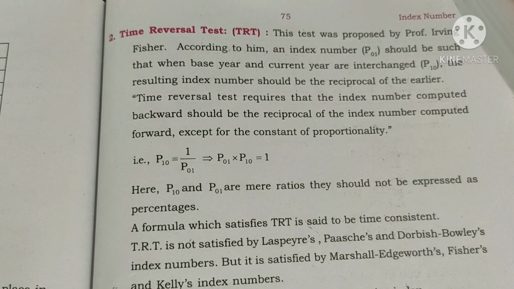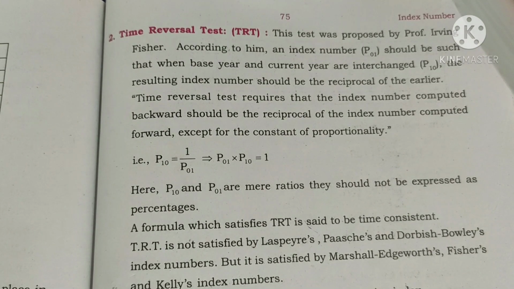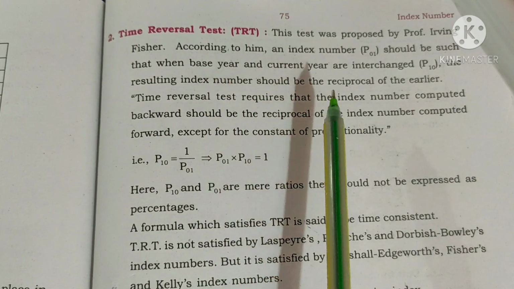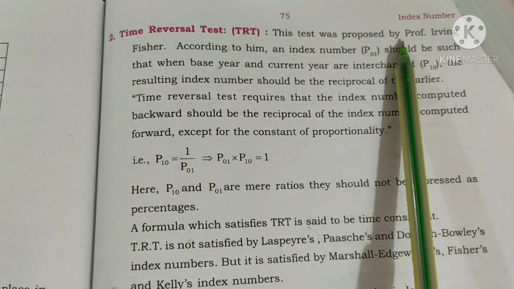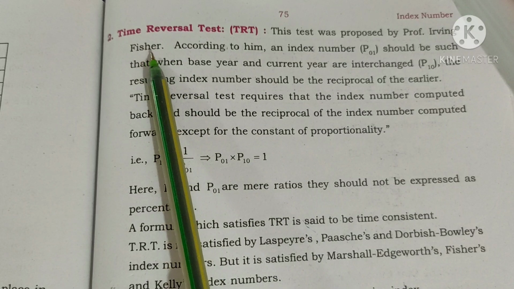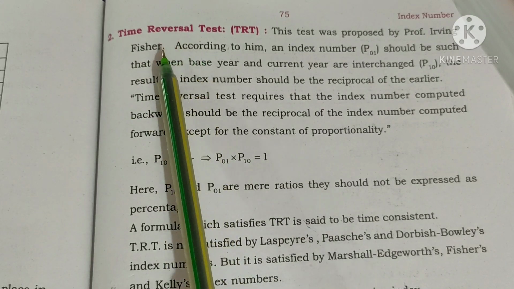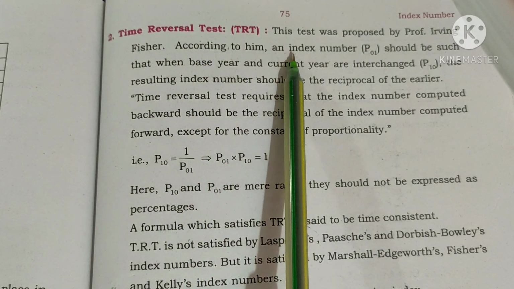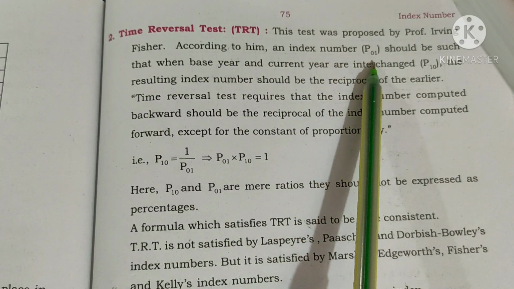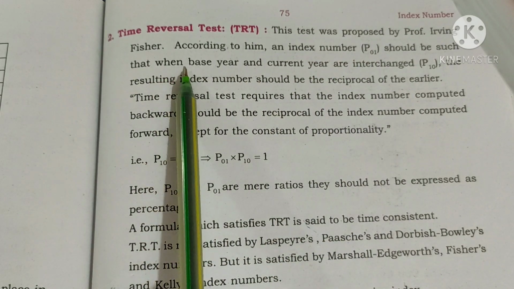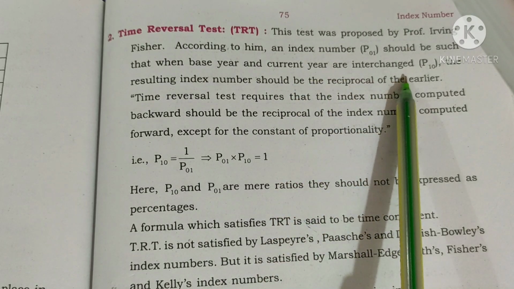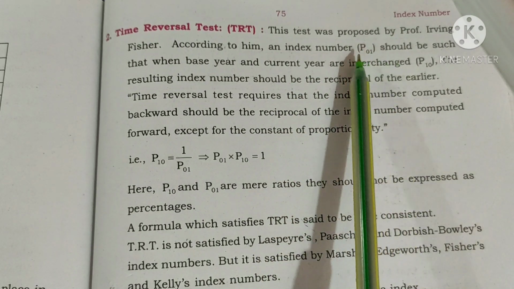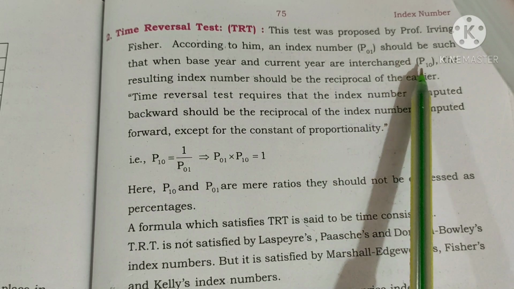Next is the time reversal test, TRT. The time reversal test was proposed by Professor Irving Fisher. According to him, an index number P01 should be such that when the base year and the current year are interchanged, P01 becomes P10.